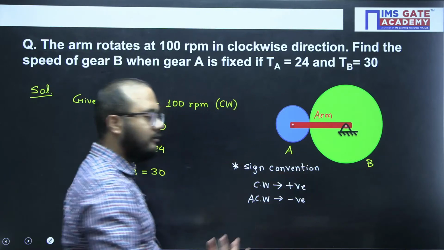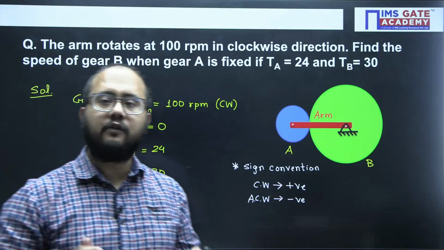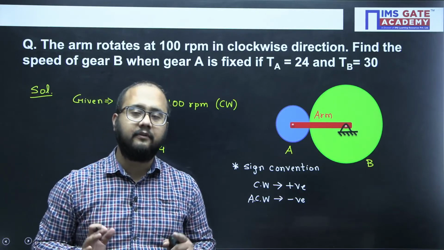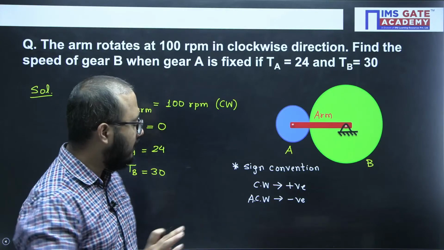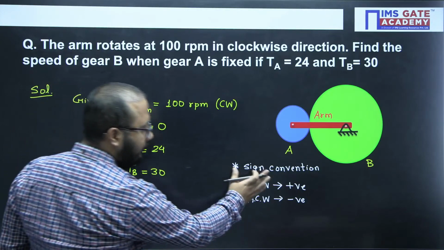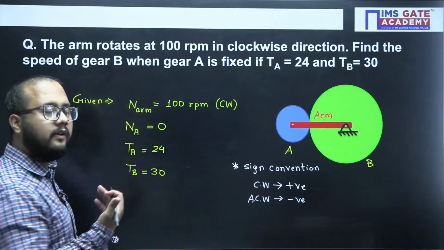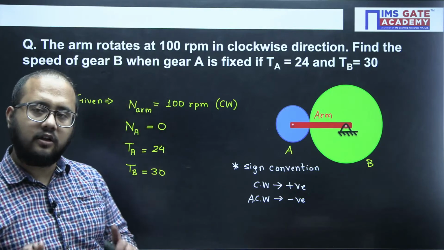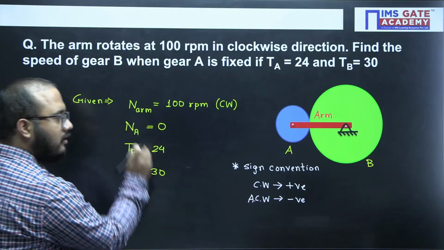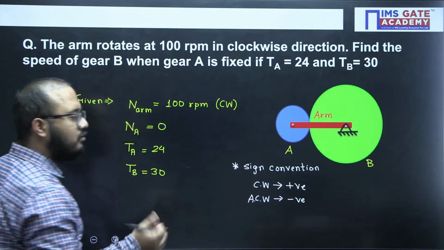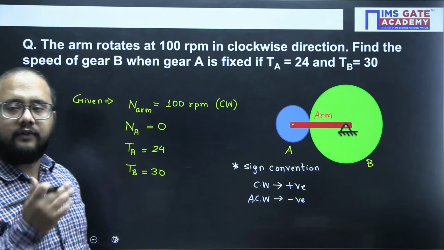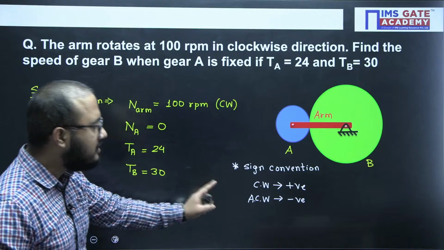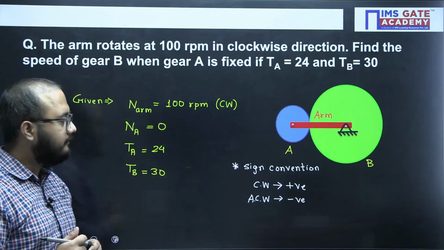Vice versa also you can consider: anti-clockwise as positive and clockwise as negative. You can follow the reverse also, it's your choice totally. But whenever you are solving a question, fix a sign convention, don't confuse yourself. So that's why first fix the sign convention.